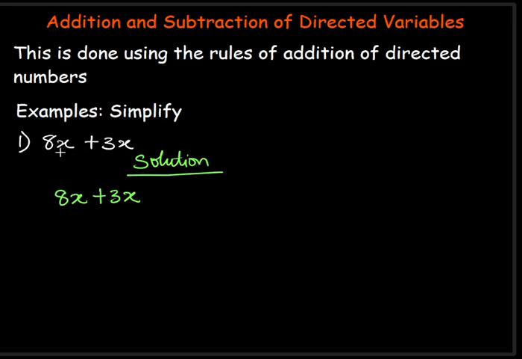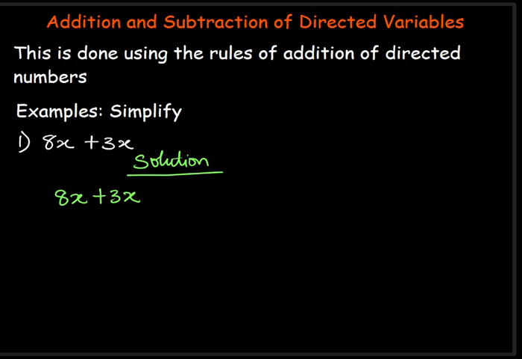Looking at 8x and 3x, these are like terms because they carry x. If we have something like 8x plus 3y, these can't add because they are not like terms. This one carries x, this one carries y. So take note: like terms can add and subtract, but unlike terms cannot.